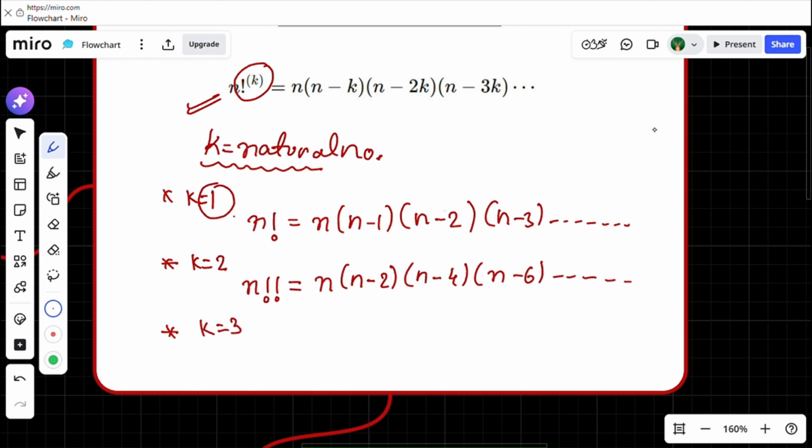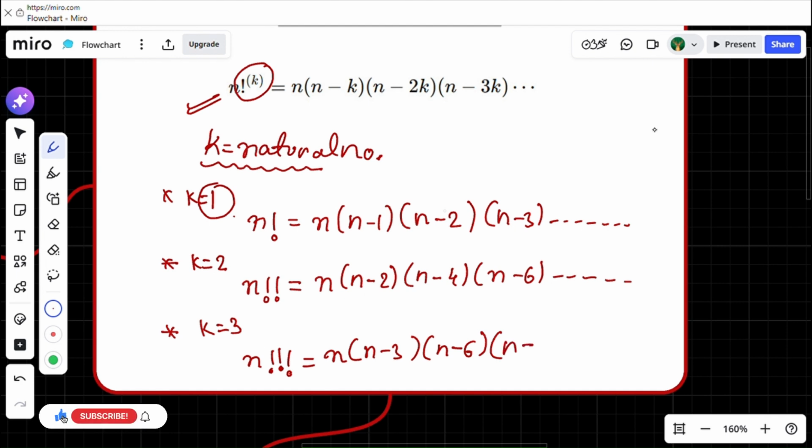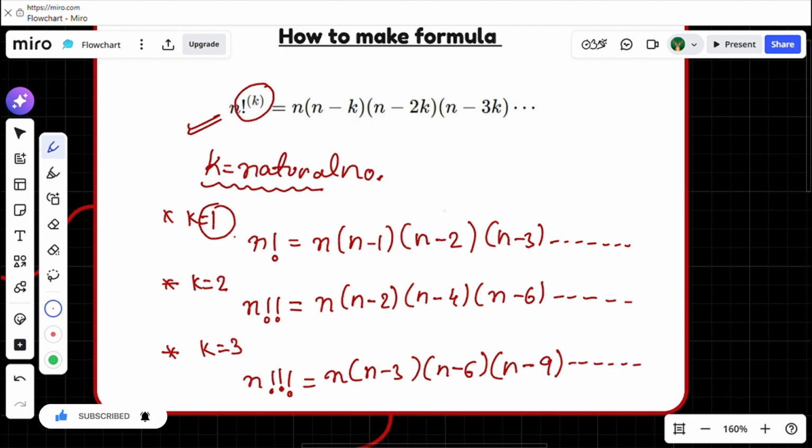So n triple factorial is n, n minus 3, n minus 3 into 2 is 6, and n minus 3 into 3 is 9, and so on. So we have completed the formula.